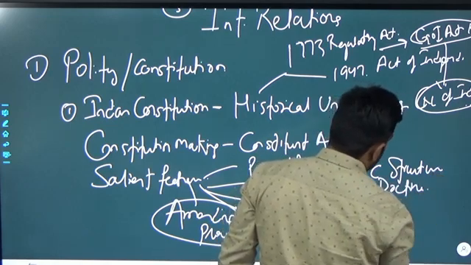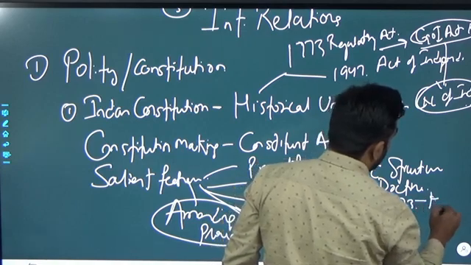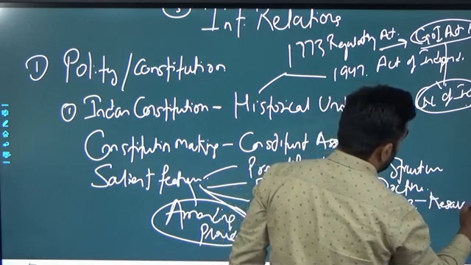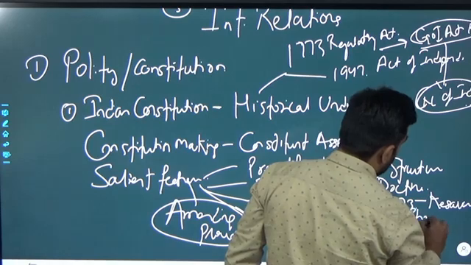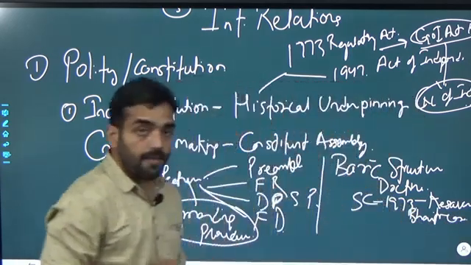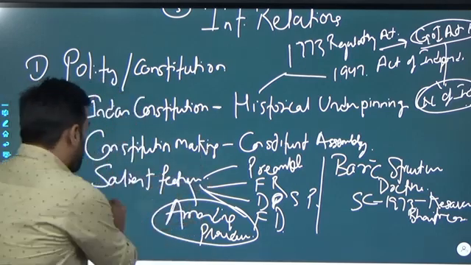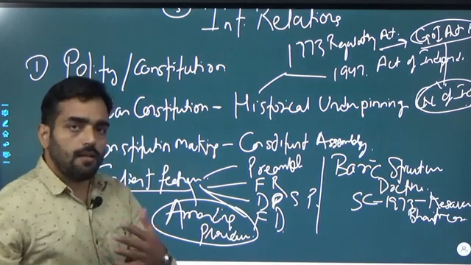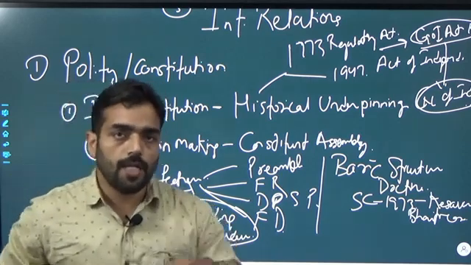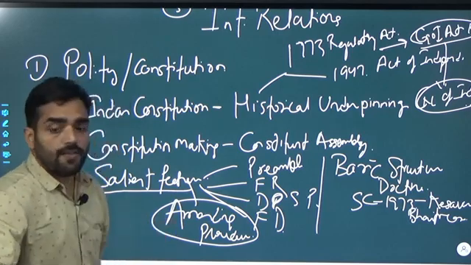This doctrine was given by the Supreme Court in 1973 in the Kesavananda Bharati case. Fine. So these are the broad salient features of the constitution, and when we study polity, we will come across many more salient features of the constitution. It is not possible to discuss everything here. Fine.